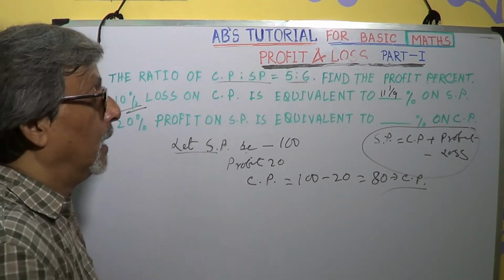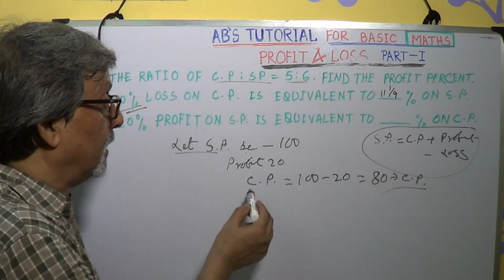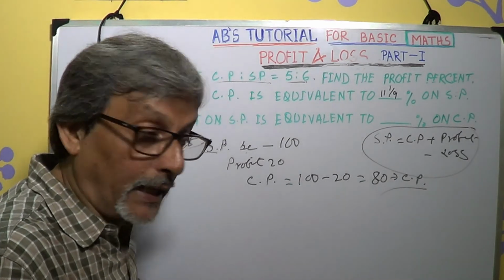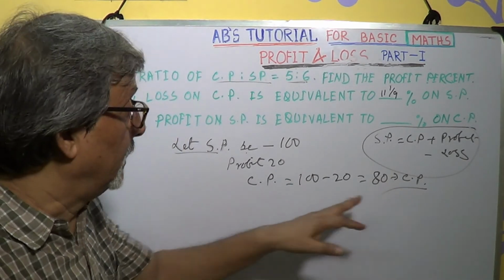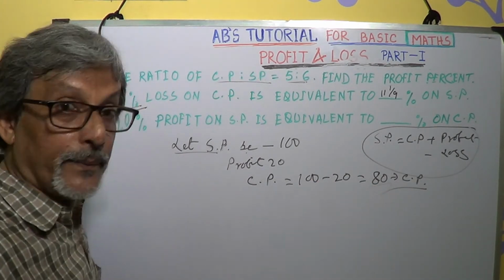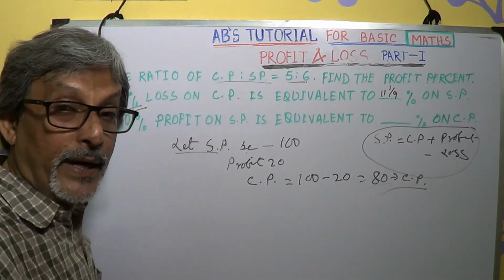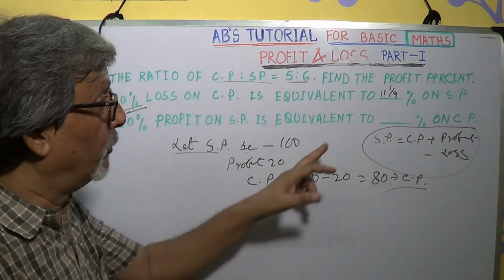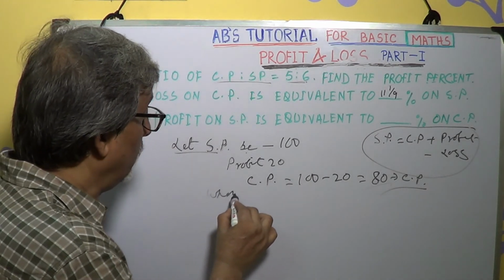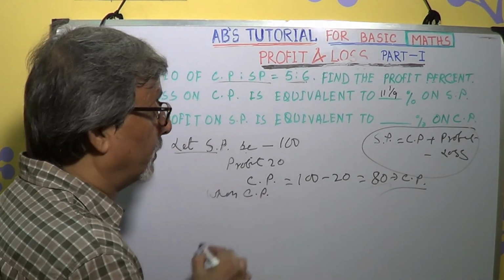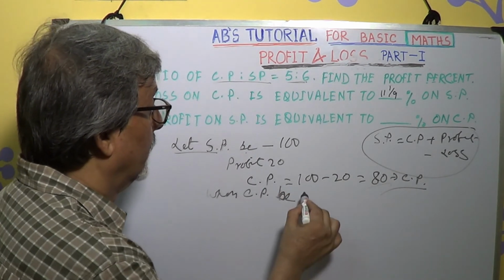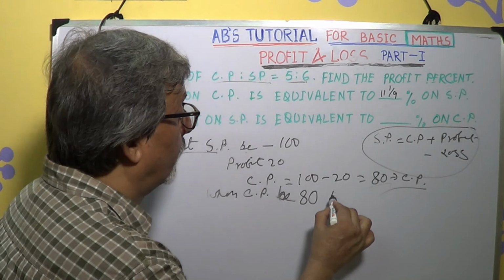Let SP be 100. When SP is 100 and profit is 20, we must subtract rupees 20 from the selling price to get this cost price. In this way, we have got our cost price. Now we have invested rupees 80 and made profit rupees 20. We have to find out the percent on CP.